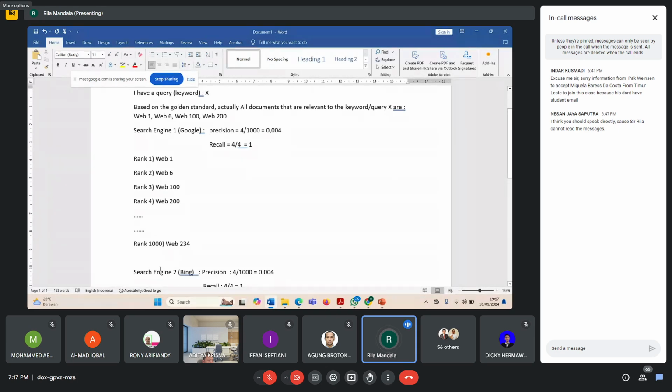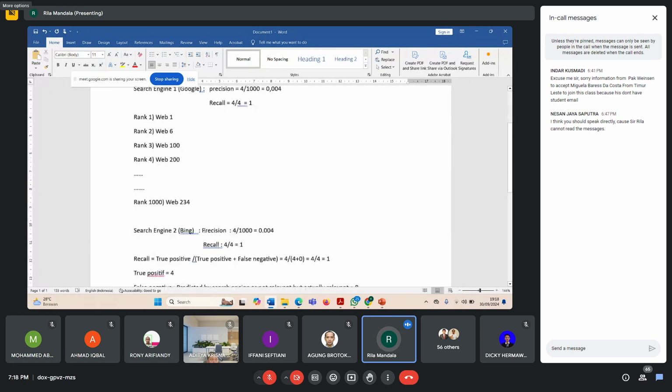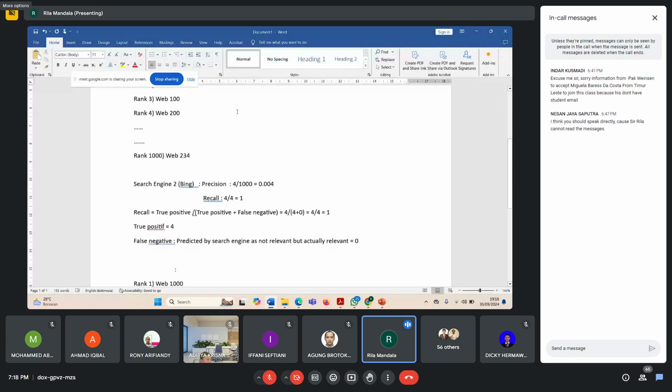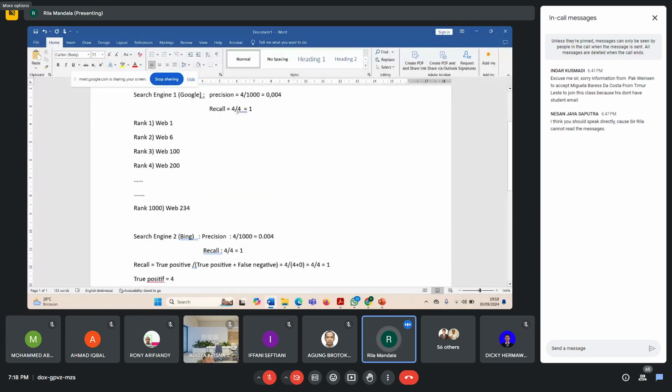You do experiments using the data set, and the result is precision 0.004, recall 1, Bing and Google the same. So the conclusion, Google and Bing in this situation give similar performance, which is a wrong conclusion, right? If you write a thesis like this, then your thesis is not a correct thesis.